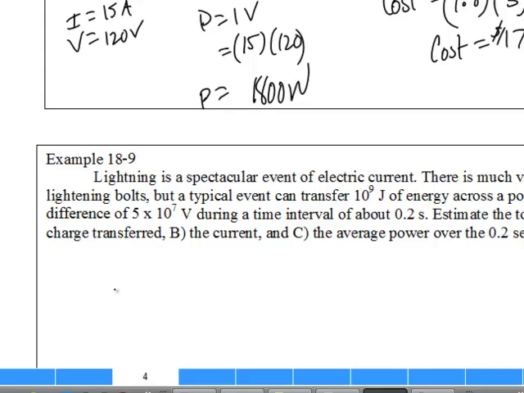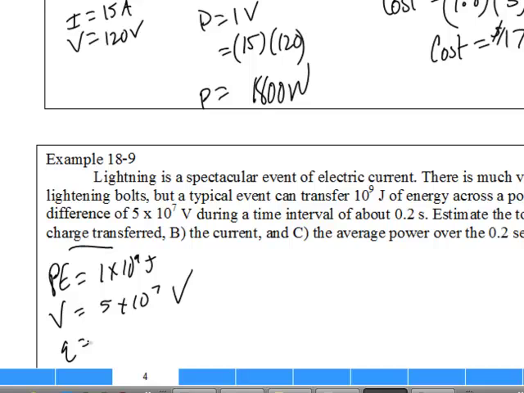Okay, so how are we going to solve this problem? Estimate the total amount of charge. I'm given energy, 1 times 10 to the 9 joules. I'm given potential, and I'm looking for charge, Q. Can you figure it out? V is the potential energy per unit charge.